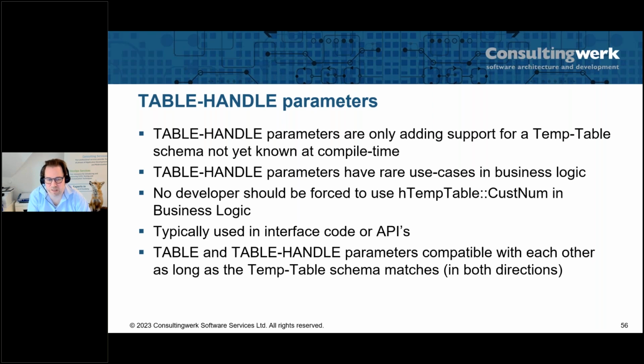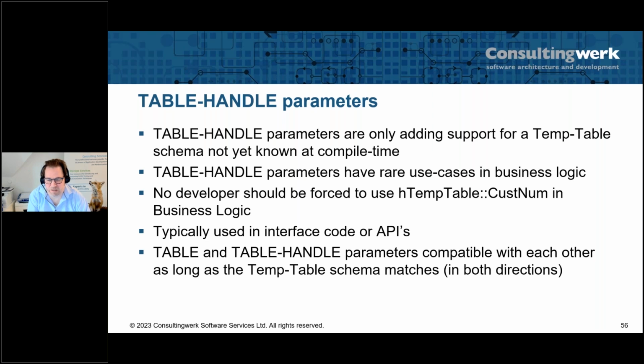Typically framework code. But I would never like to be coding in a customer report a dynamic reference to the custom field, seeing something like Temp-Table:custom, where all the validation, whether the custom field exists and if it's the right data type, etc., is only done at runtime. I would like to see that at compile time. So table handle is really something that should be used very, very carefully.